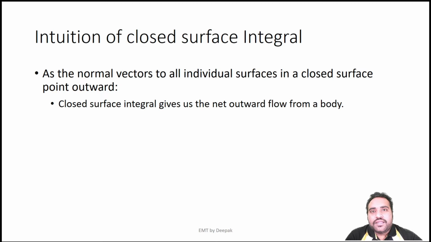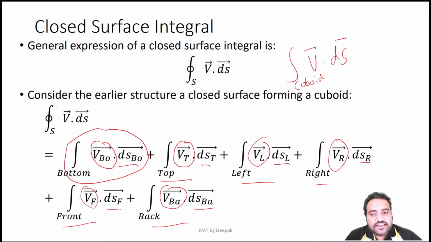I hope you understand what I meant by it. Let me repeat it again. In a closed surface integral, we are adding 6 different open surface integrals where the normal to each surface is pointing away from the volume.